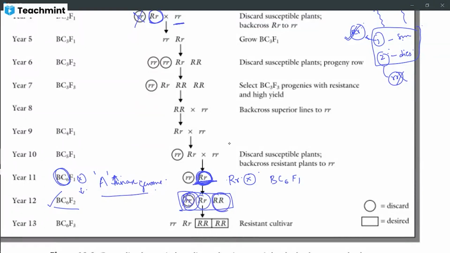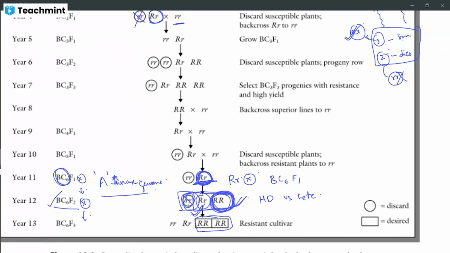And how will you identify the homozygous dominant versus heterozygote then? You will need to go to one more generation of selfing, right? The one which segregates is your heterozygote, and the one which does not segregate will be your homozygote.